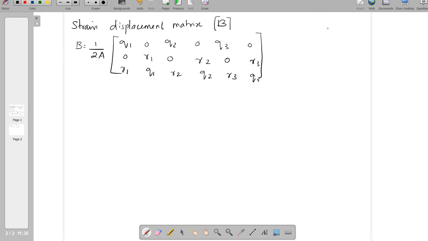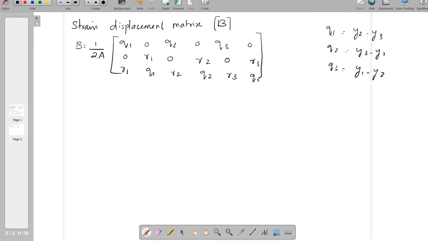We know each term from the derivation of the CST element: Q1 is y2 minus y3, Q2 is y3 minus y1, Q3 is y1 minus y2.